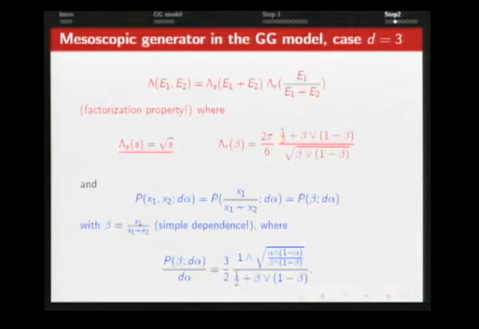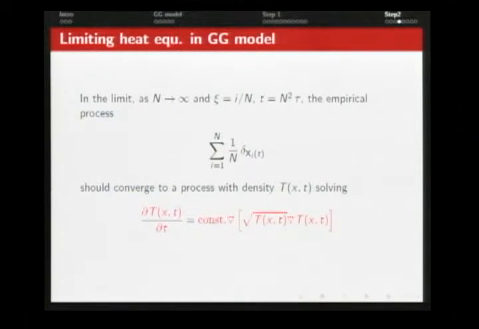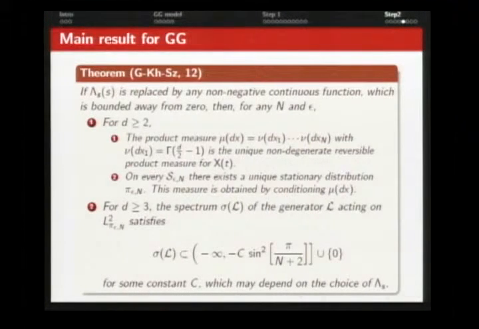And what we proved, our result, was that we characterized the reversible, non-degenerate invariant measures for this dynamics, for this Markov generator, which is a fundamental fact. It's the product of gamma distributions.